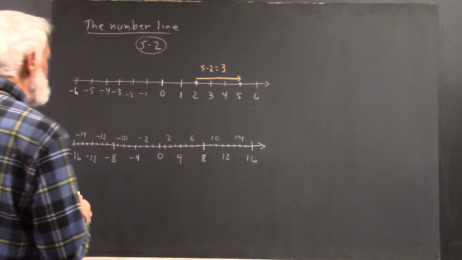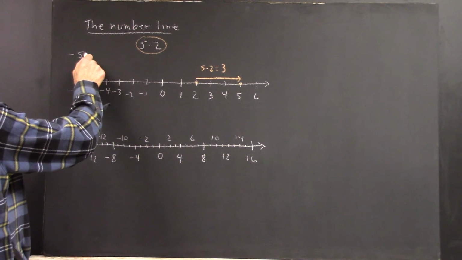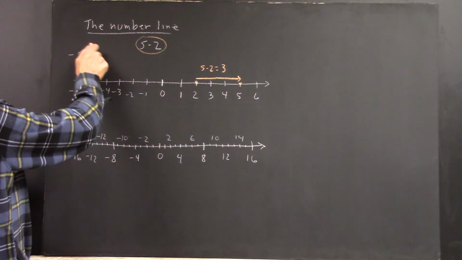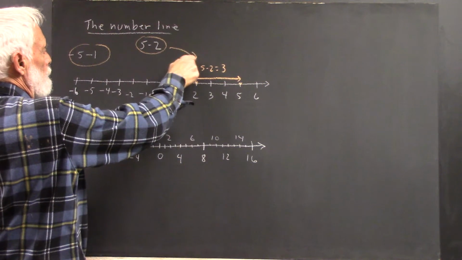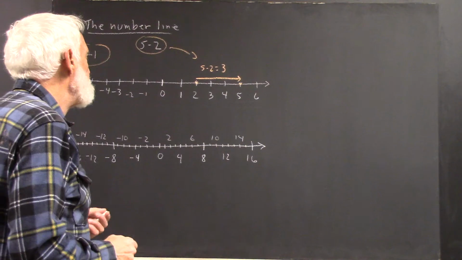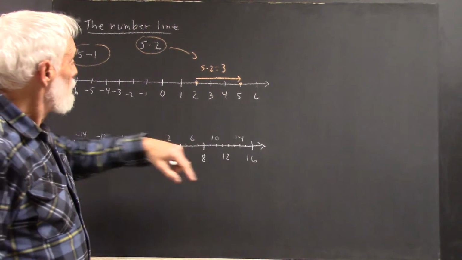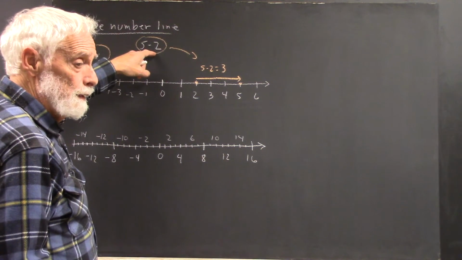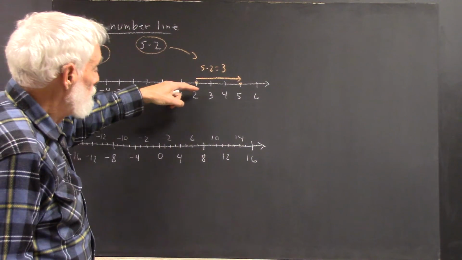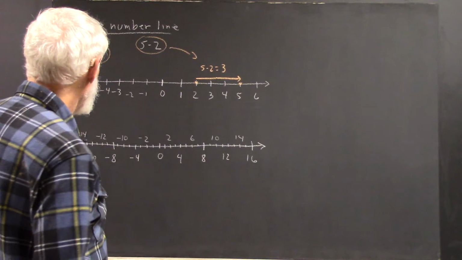Now let's say we want to do -5 minus 1. Here's my 5 minus 2. -5 minus 1. Okay, well, what number did we start at when we drew this arrow? We started at 2. Okay, we started at the number that's being subtracted, and we moved toward the number that we're subtracting from. We're going to do the same thing here.